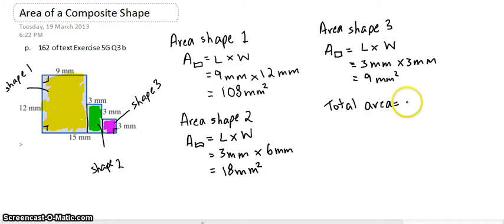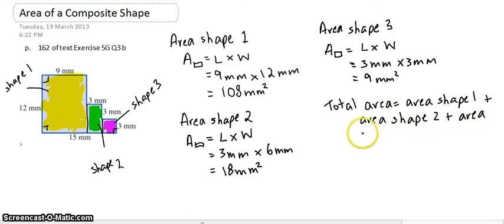What I'm going to write is area of shape 1 plus the area of shape 2 plus the area of shape 3. So I'm communicating what I'm actually doing, and this is excellent communication. And for an excellent communication result when you get through senior and middle school, having this communication is going to help you. So it's good to start early with that.